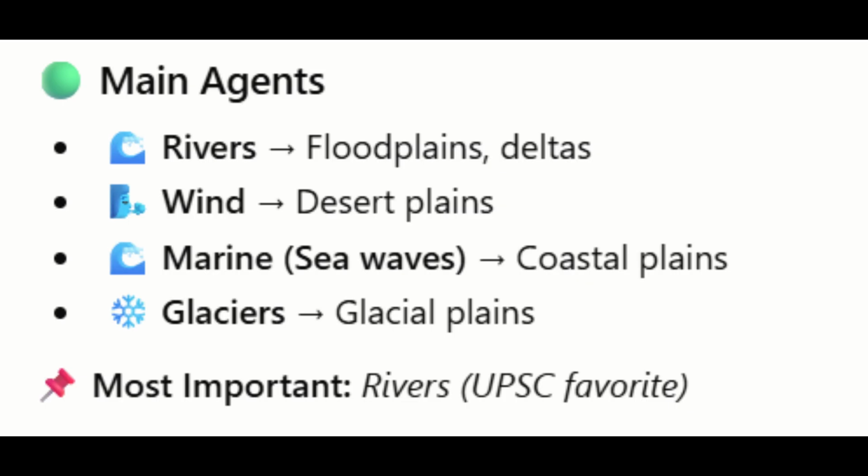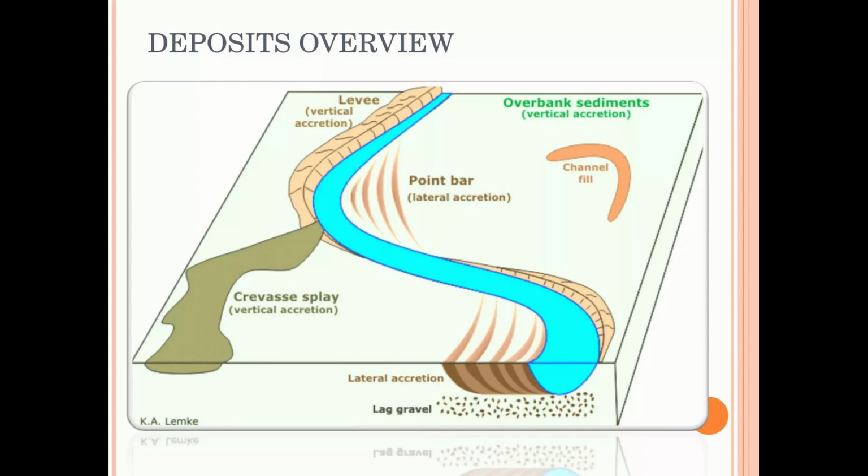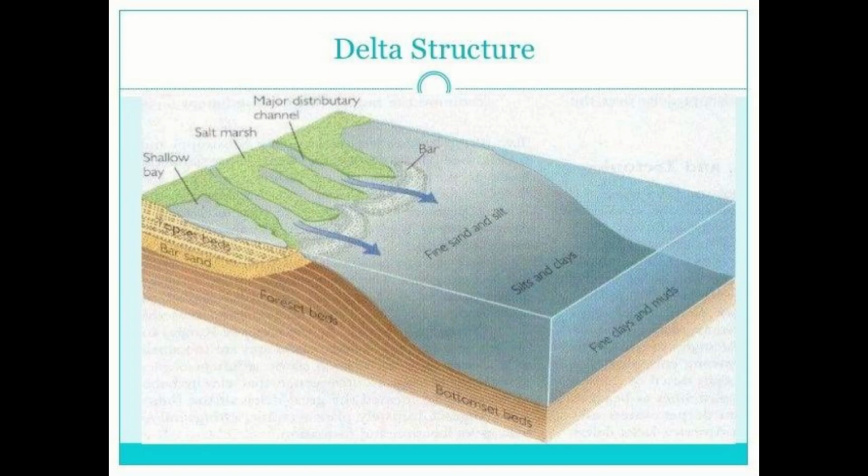The floodplains, also referred to as alluvial plains, are found around the Ganga, the Mekong, and the Salween.